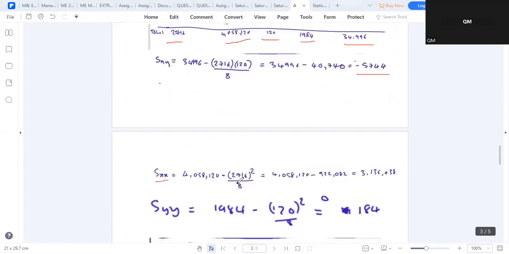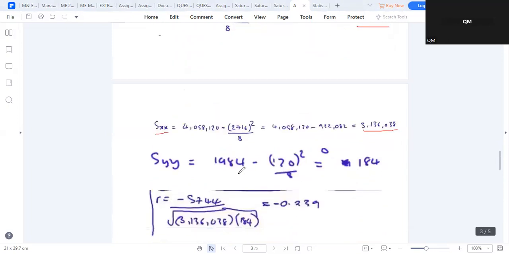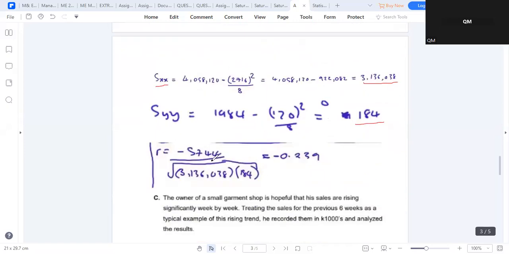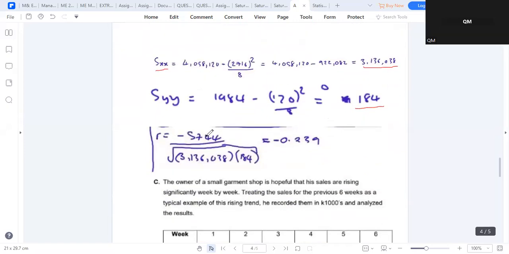XX, when you input it correctly, you get 3136, and YY, we get 184. So the issue now is to fuse them in the calculator. XY over XX times YY, we put in negative 57.4, then multiply these two. So our R is negative 0.239. This is 10 marks.